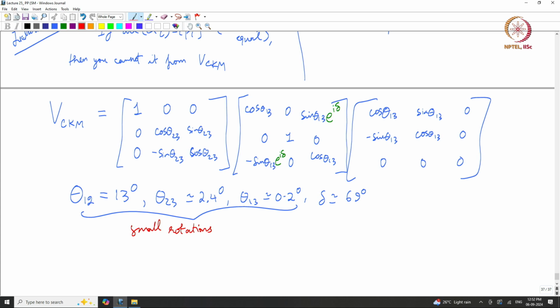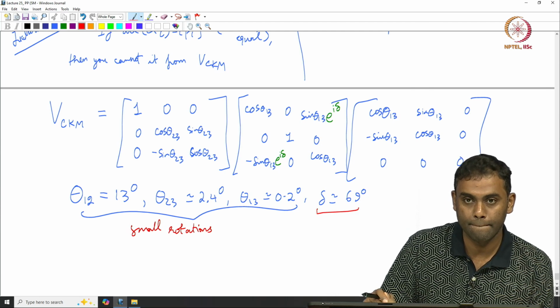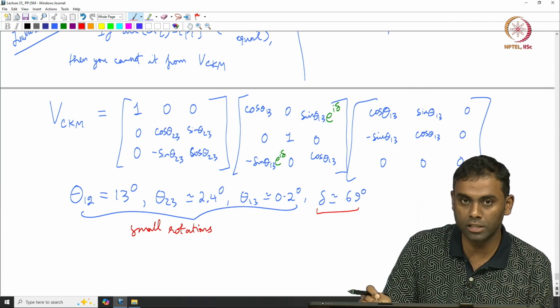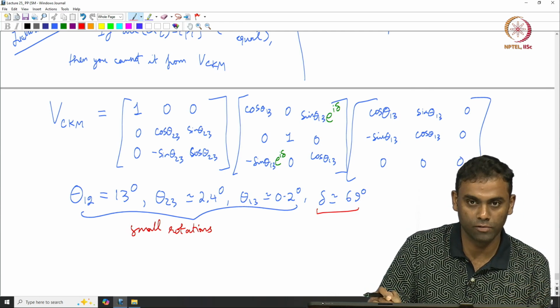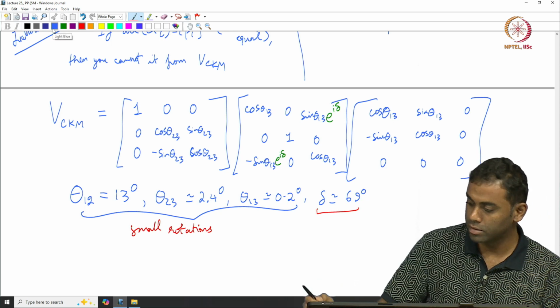Now, this phase seems to be large, but it is not particularly large. We will soon see the extremely important physical significance of this phase. It is not large enough for something that we want, we will see what this means. This is one way to parameterize the CKM matrix.